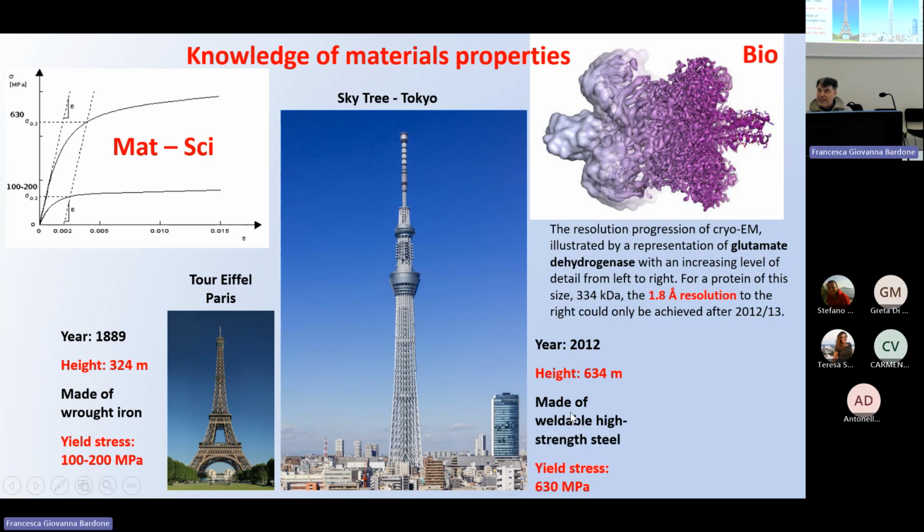But understanding how atoms are arranged in the crystal structure allows you to build completely different and more sustaining things. Always a lattice of iron, but understanding how the crystal is made, now you can sustain 600 meters instead of 300 meters. Just understanding how the crystal is made.